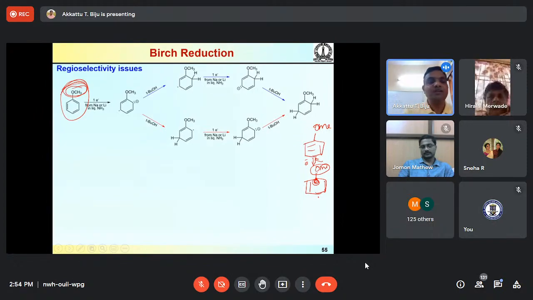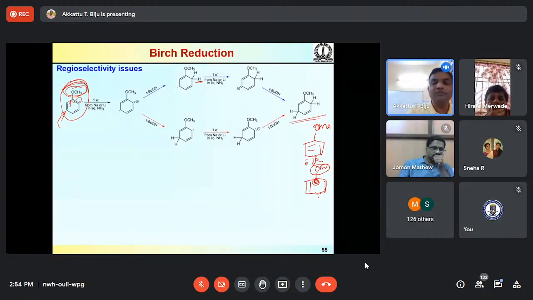So if you think about the addition of an electron at this carbon, we can have this type of polarization. You get a radical anion, and this radical anion gets protonated. The second electron adds, making this anion, and you get the product.